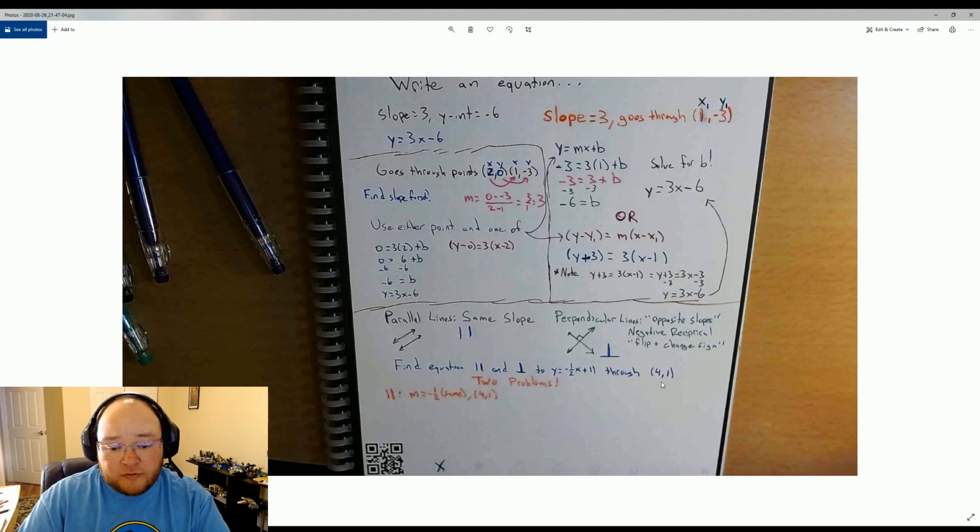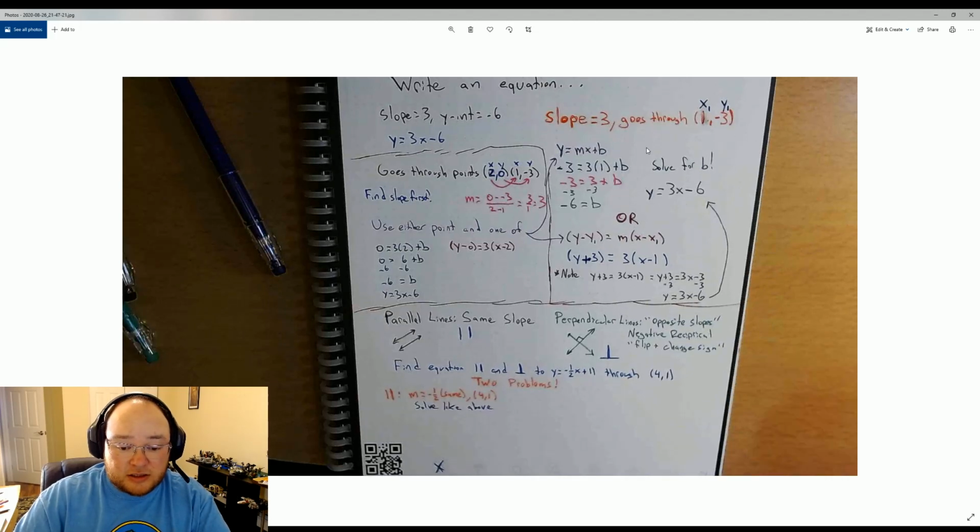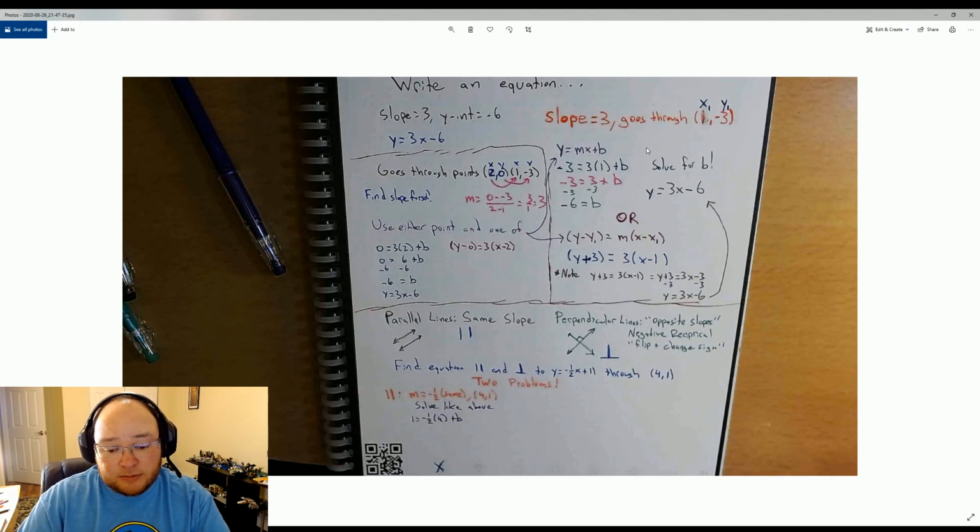You're going to do one for parallel, and what you got to know is that the slope is -1/2 because it's the same as what this one is, and then it goes through the point 4, 1. Once you've written this down, it goes back to this type of problem that we've already done. So, solve like above. I'm going to use the y equals mx plus b form.